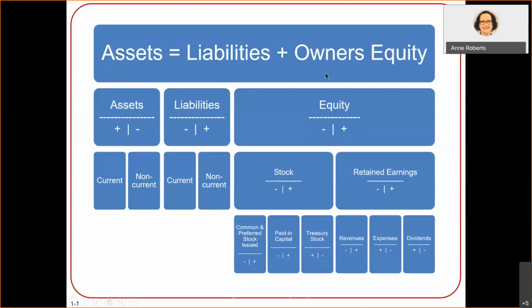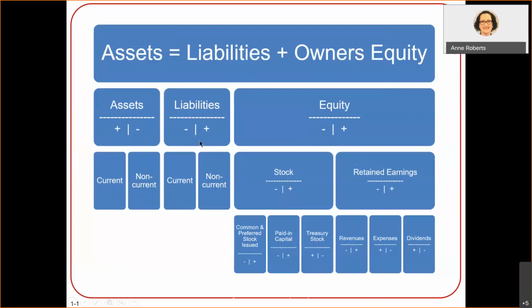Liabilities and equity are on the right-hand side of the equal sign, so they go up on the right. Those are the sides that go up; the opposite side must go down. Any questions there?